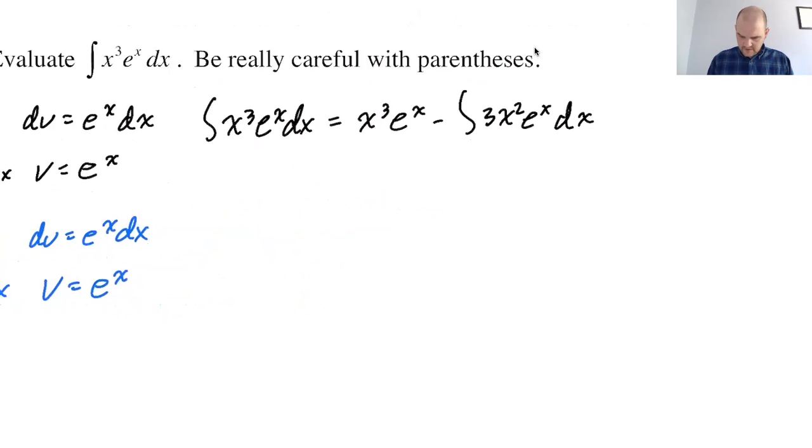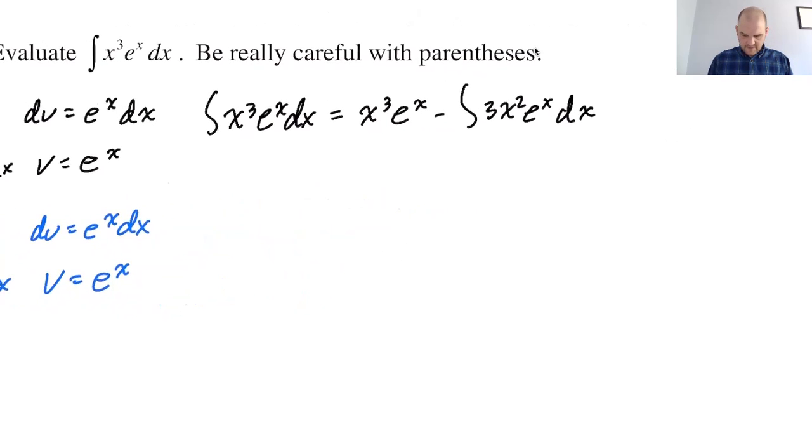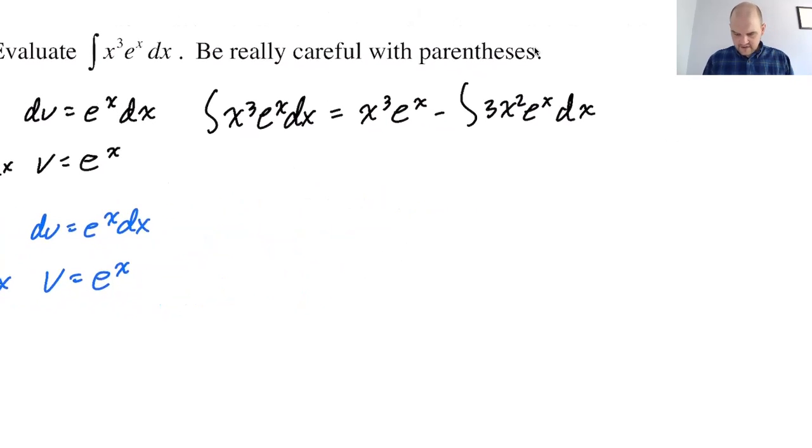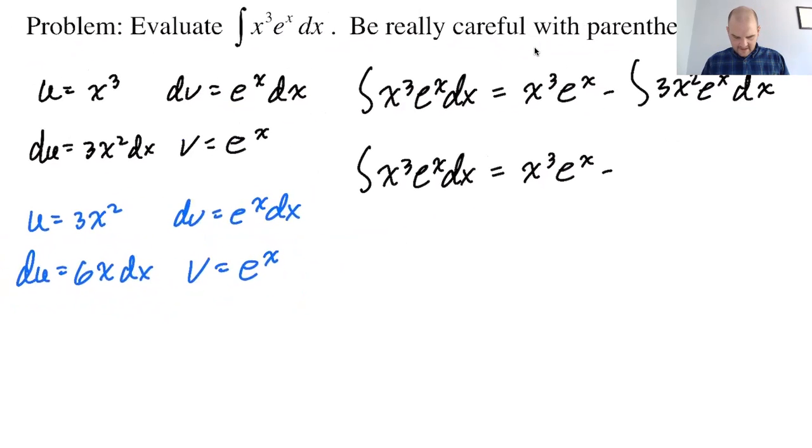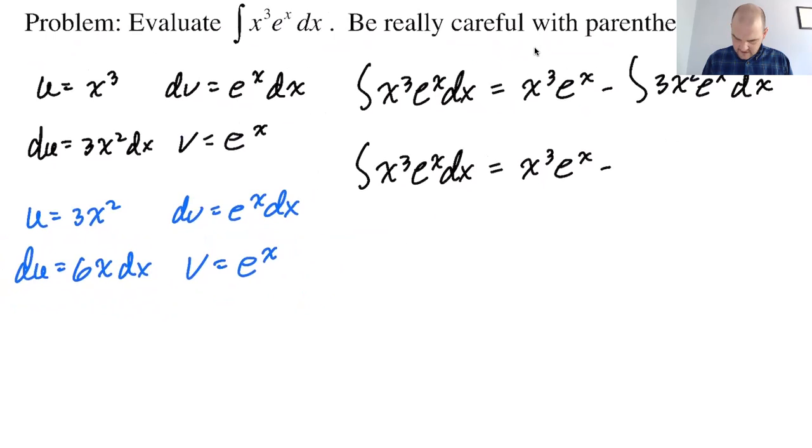Okay, so what are we up to? How many times do I want to recopy this? Not that many. You know what I can do? I can use the magic of software here. Okay, so we're at this stage, and now we have minus, all right, so I'm going to do parentheses here.